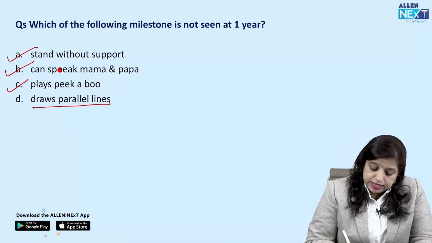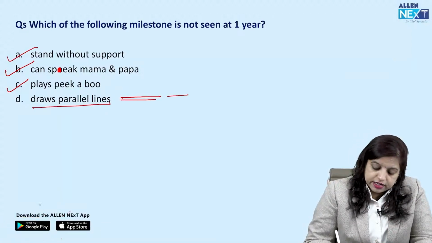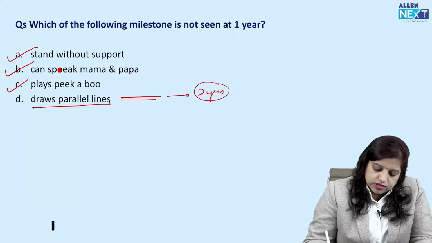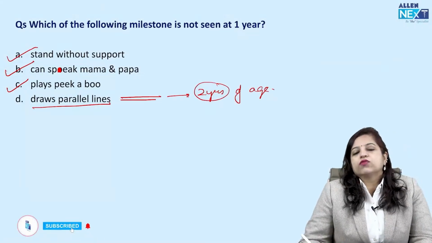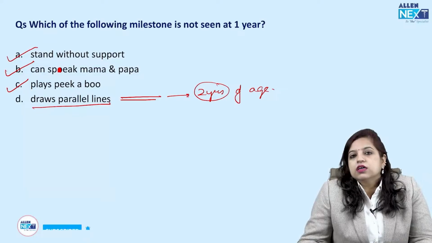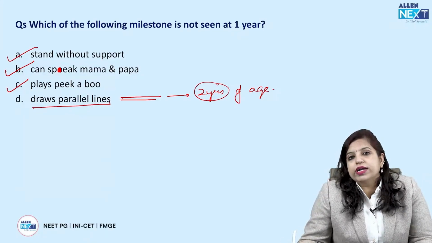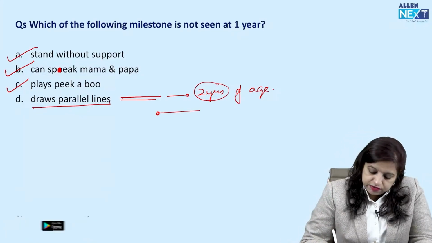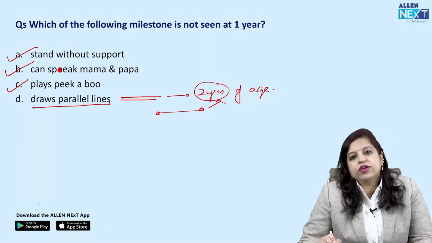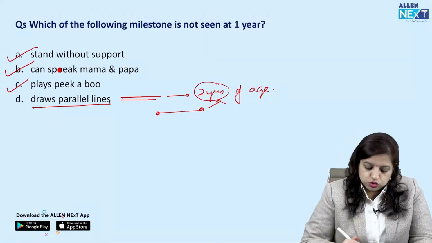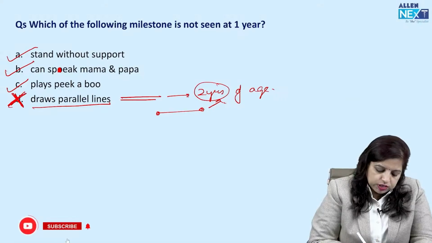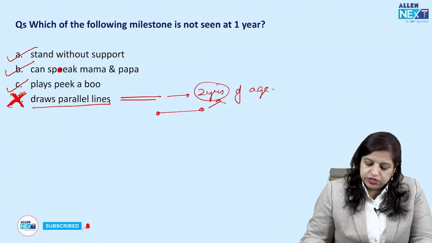Remember, drawing parallel lines, there are 2 lines to be drawn, and that comes at 2 years of age. Always remember the parallel lines, or for that matter, a line is a geometrical figure with 2 ends. So that is how you have to remember, that will come at 2 years of age, not at 1 year of age. So our correct answer is going to be the D option. So D option is correct over here.